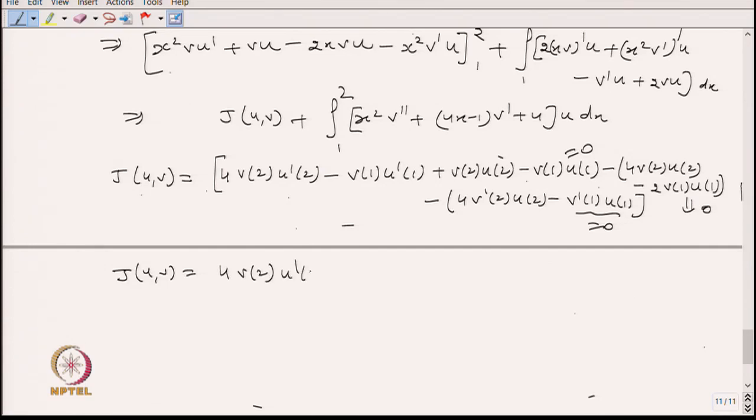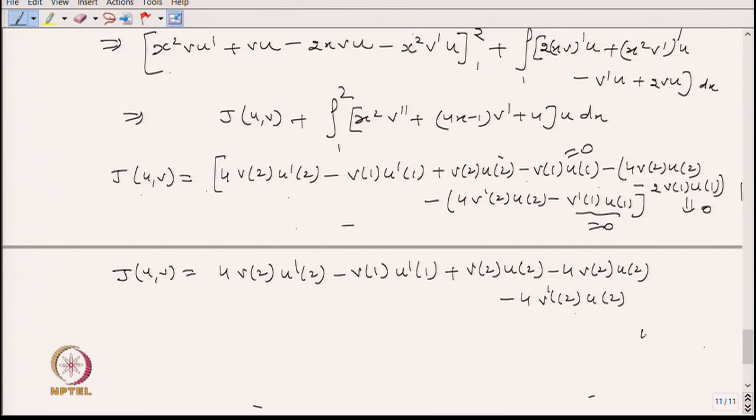v2 u dash 2 minus v1 u dash 1 plus v2 u2, this is 0, minus 4 v2 u2, this is 0, minus 4 v dash 2 u2. This is the quantity we are getting, and now I also have that u dash 2 is equal to minus u2.